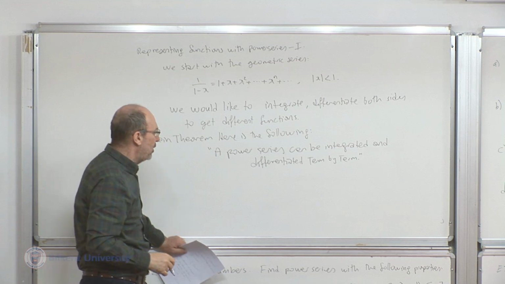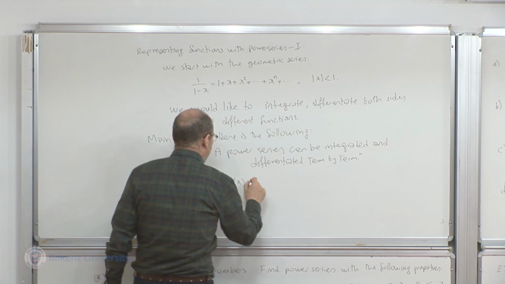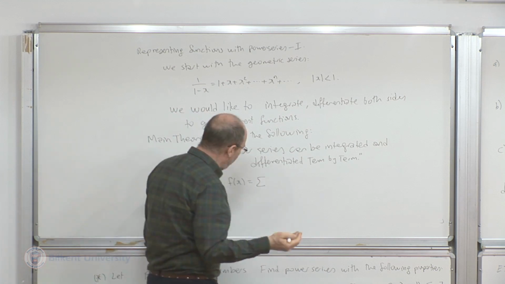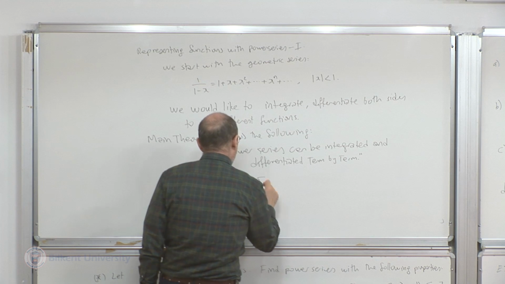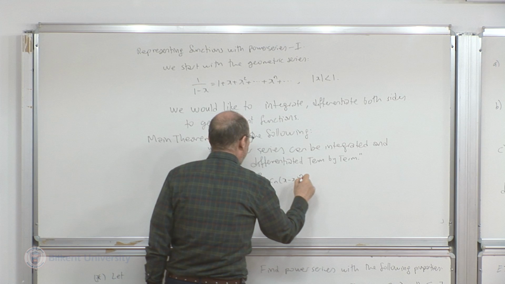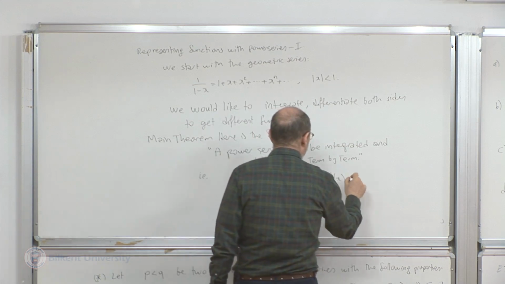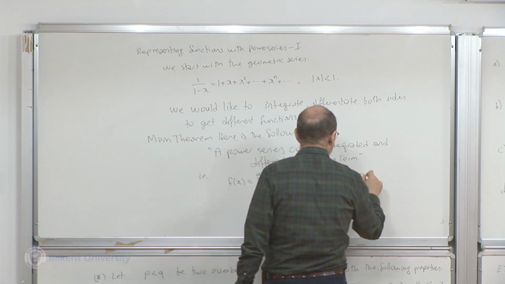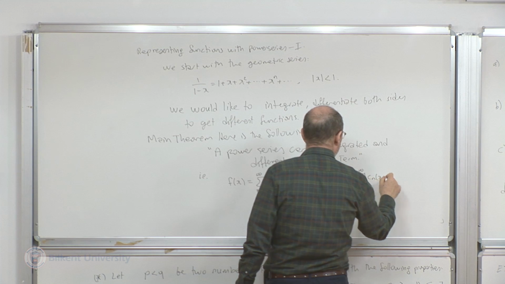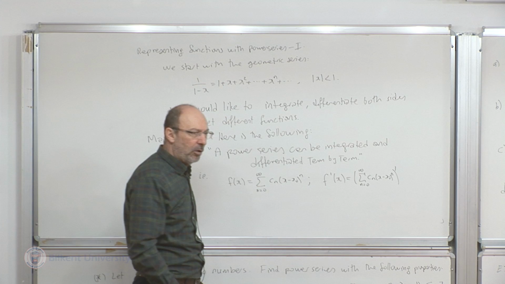Okay, the meaning of this is the following. If f(x) is equal to the summation, n equals 0 to infinity, of c_n (x minus x_0)^n, then I take the derivative of this. Remember, the derivative of this means this one, so I take the derivative of the whole thing.